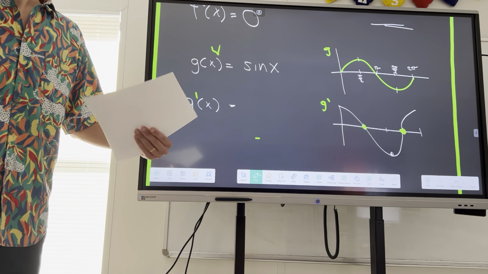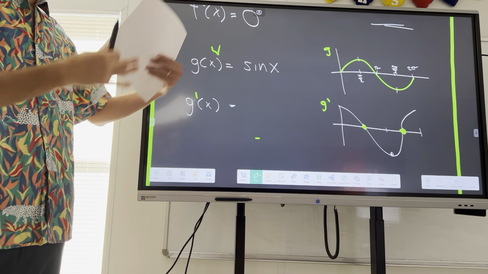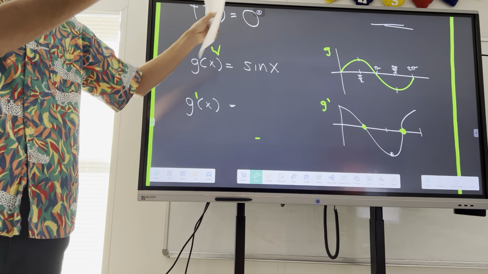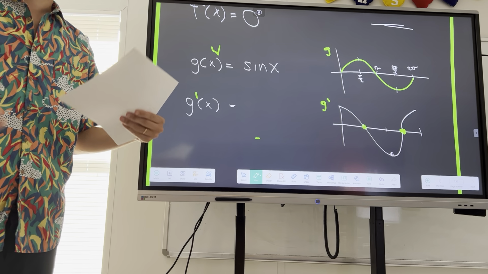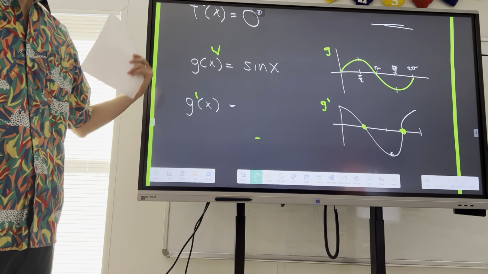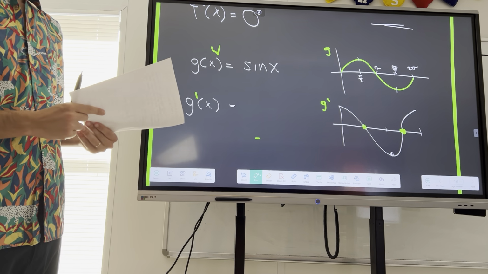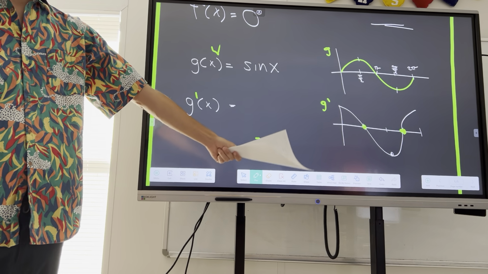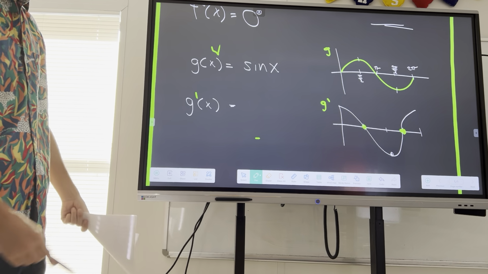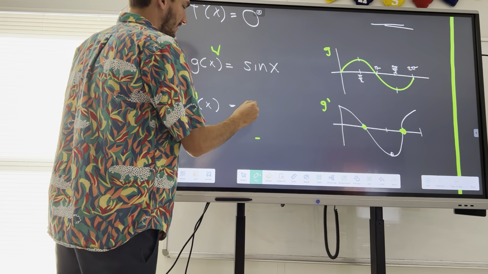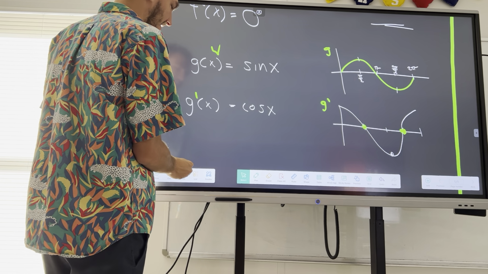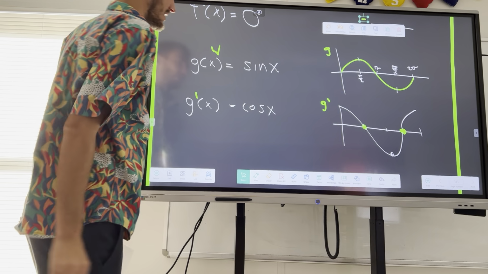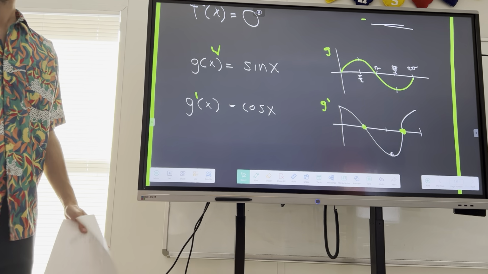So that is us analyzing the sine graph, looking at its slopes, and then with a little bit of help from me, just kind of throwing together G prime. What is that? Cosine. And so, beautifully, the derivative of sine is cosine. Wow, how nice.